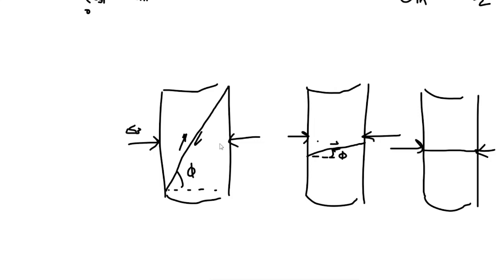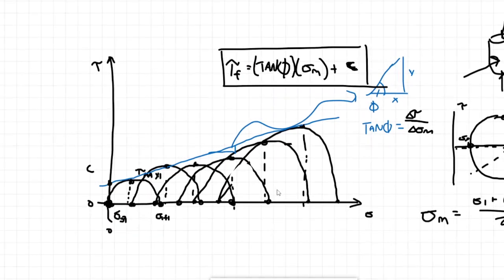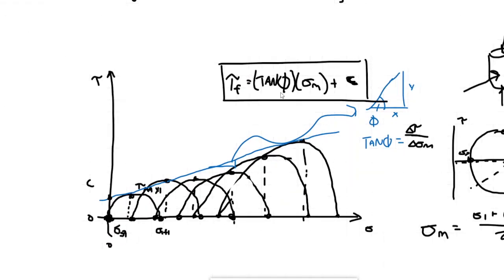What you'll see is, if phi was 0, the tangent of 0 is 0, so it's just going to be this flat line. And tau f is always going to be as strong as that cohesion, a straight flat line going across.